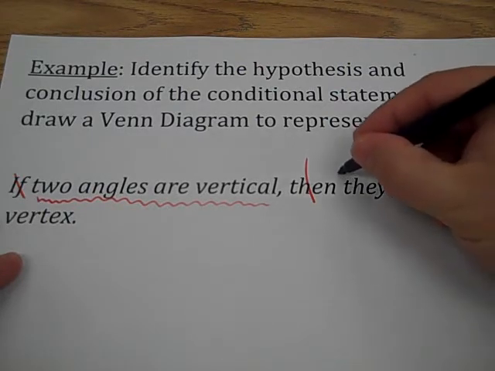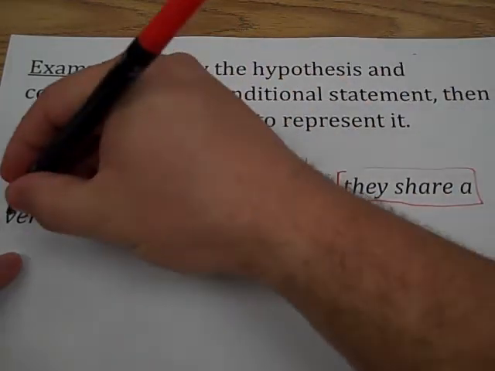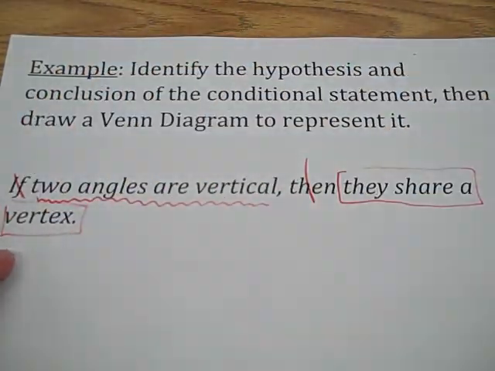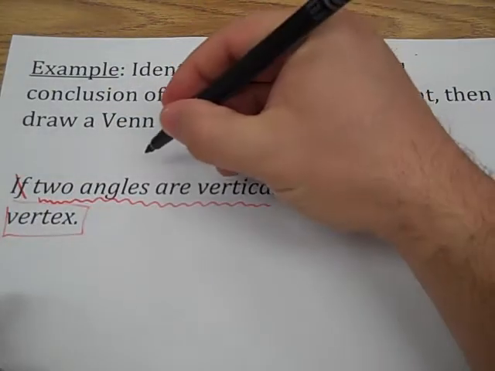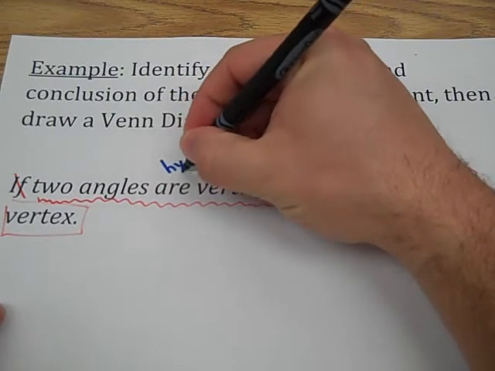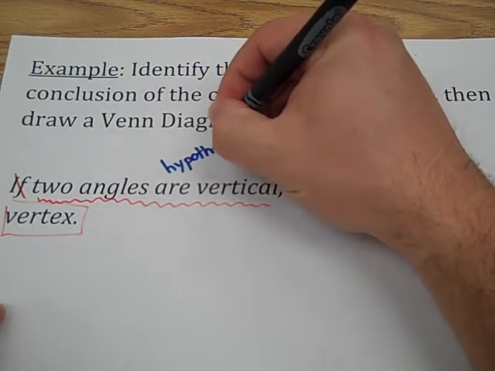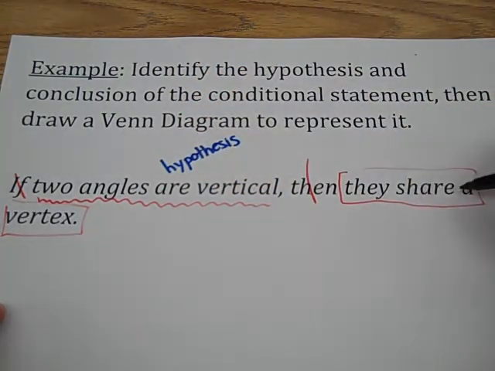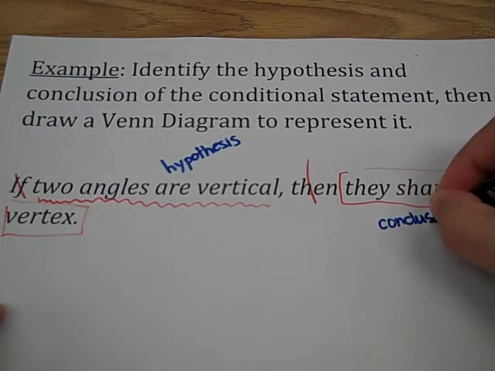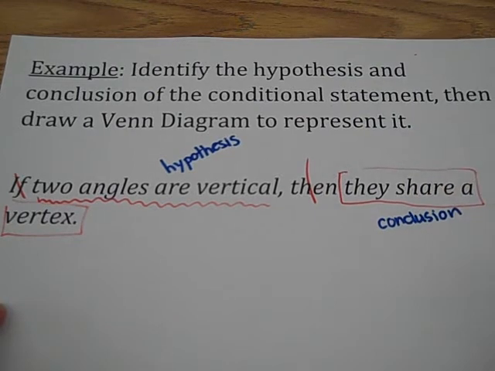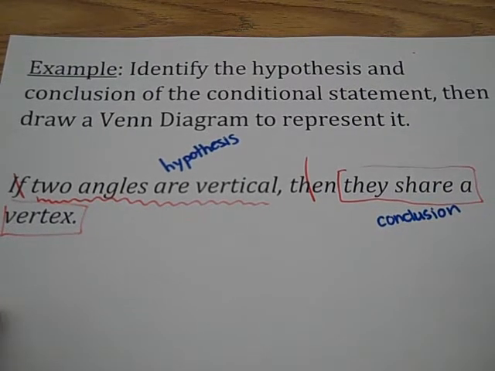So they share a vertex. That's my conclusion. So again, two angles are vertical, that's my hypothesis. They share a vertex, that's my conclusion. If and then were not part of either of those.